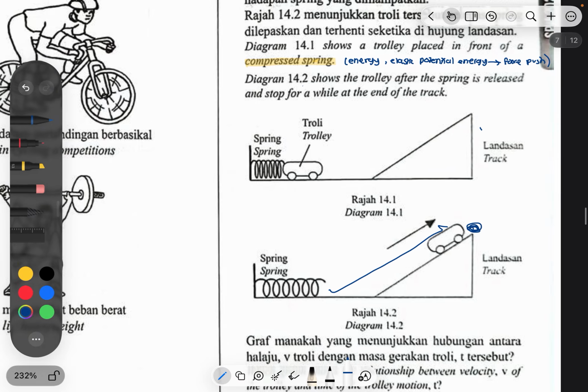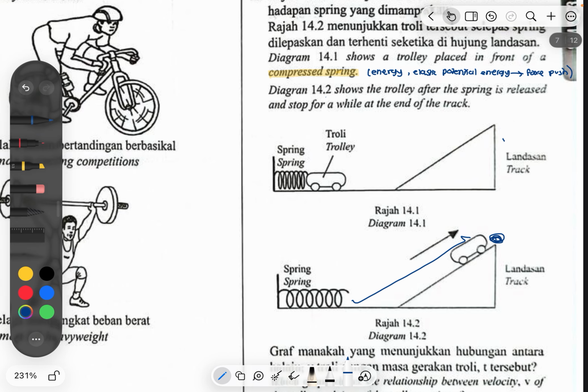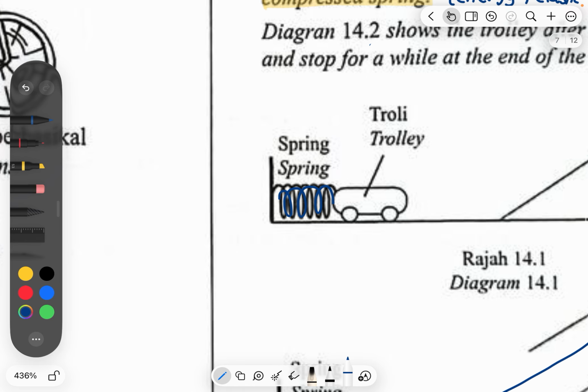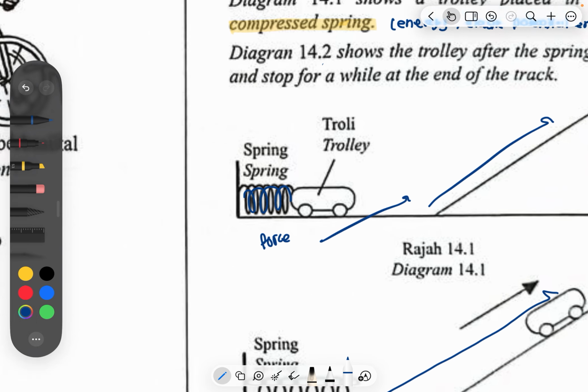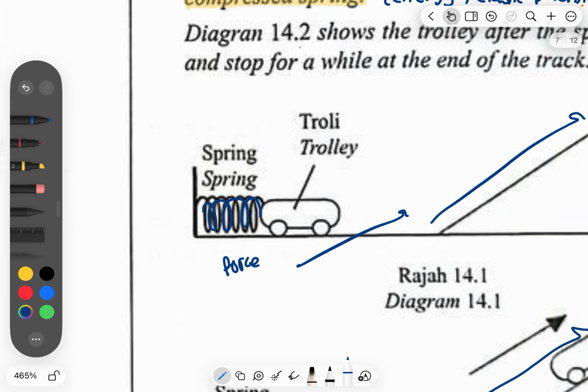Now, let me just speak in theory. This elastic potential energy has a force. It pushes this trolley up. So, what happens now? When an object is being pushed, let's talk about inertia.